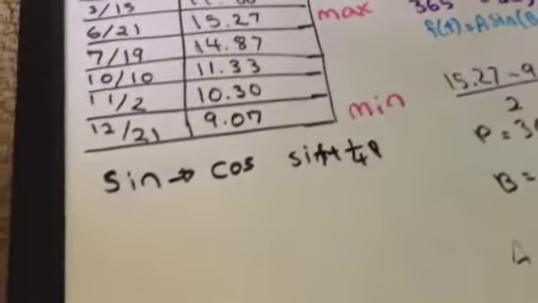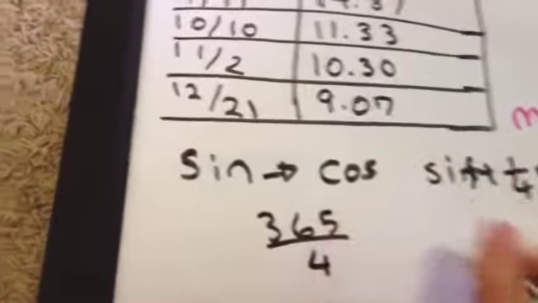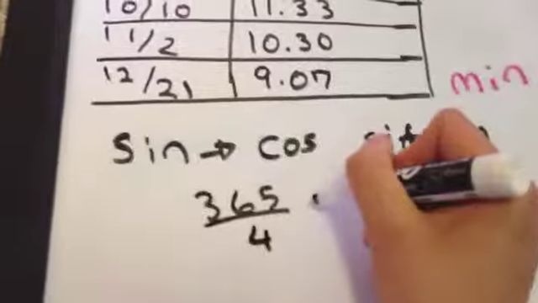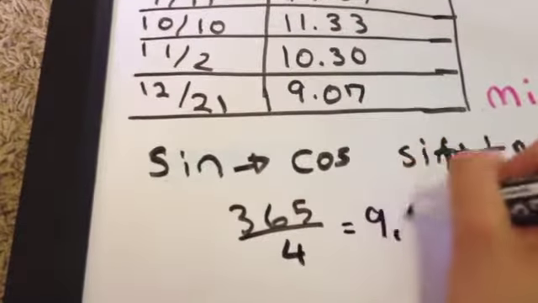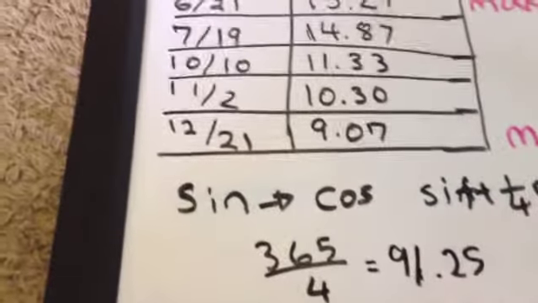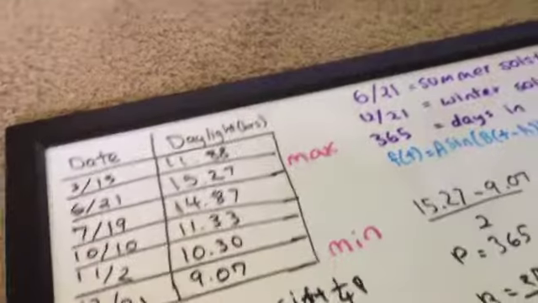So, we are going to divide 365 by 4 and find that 365 divided by 4 is 91.25. Sadly, this problem isn't that simple.